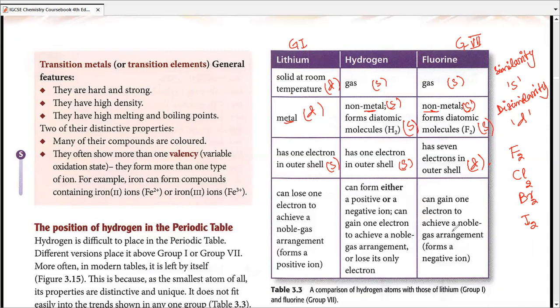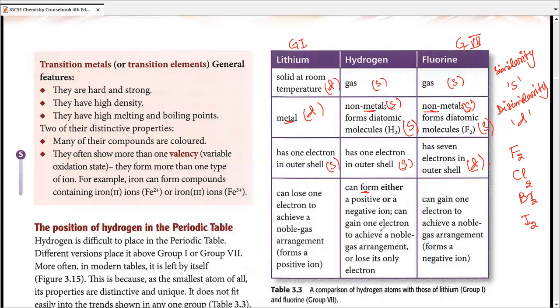But there are points where hydrogen is going to show its uniqueness. Now, whenever we use the word uniqueness, you're going to find out in what ways it's going to be similar or dissimilar to the two elements that we are comparing it with right now. Take a look at hydrogen.